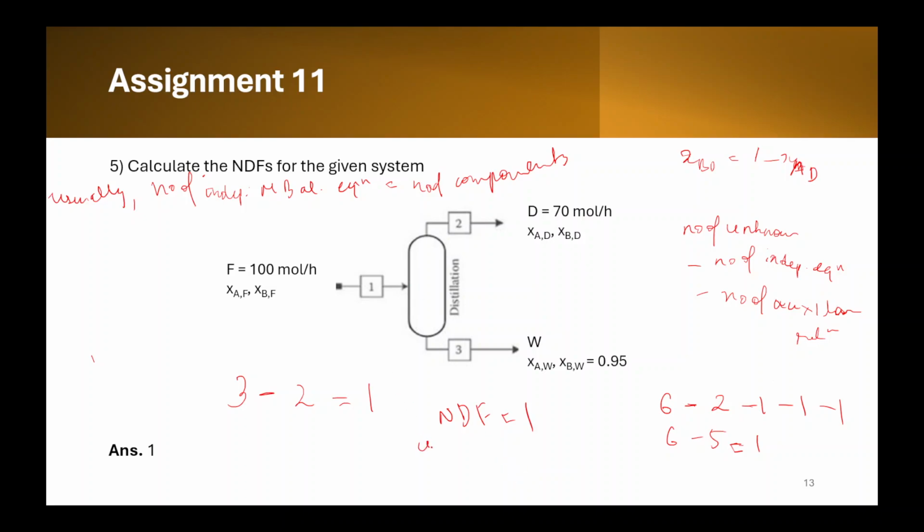Will I get a unique solution, or infinitely many solutions, or no solution? What will be the correct answer here? Can anybody tell me? Ma'am, the answer will be unique solution. Are you sure? Yes, ma'am. The NDF is equal to 1. Ma'am, one is for unique solution, no? No, 0 is for unique solution.